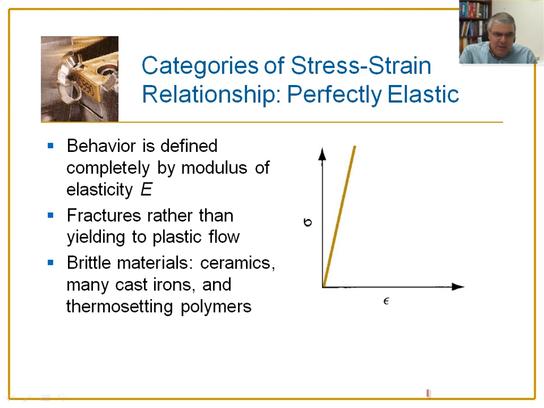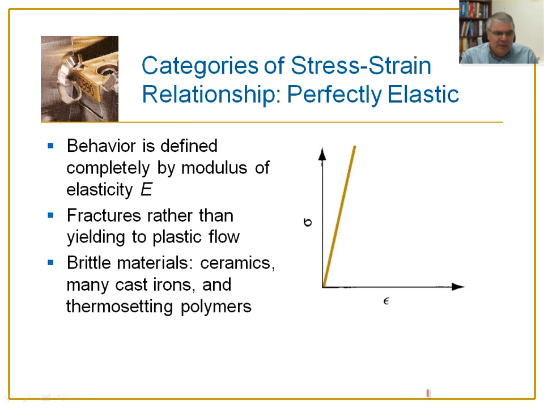In this region, we're not going to have yielding. Instead, we're going to have fractures rather than yielding to plastic flow. So it's very important to realize here, if we have any kind of a fracture here, it is for the brittle material, including ceramics, many cast irons, and polymers, and they fall in that category.